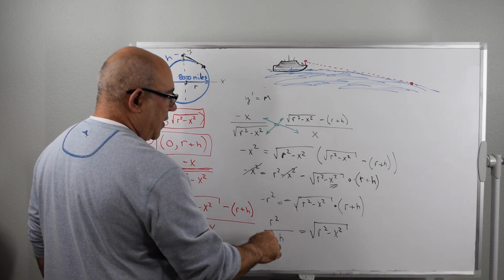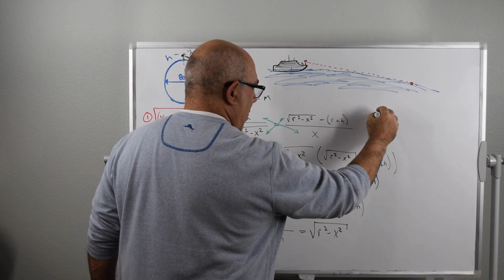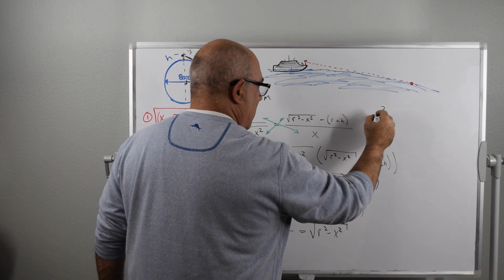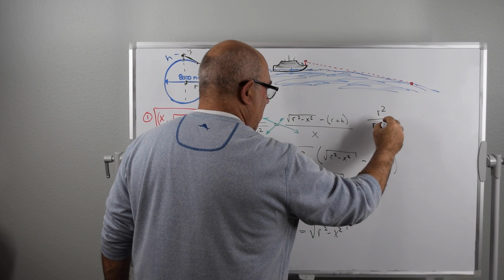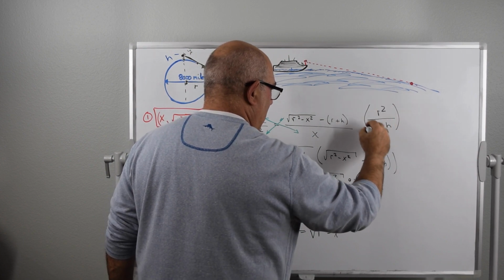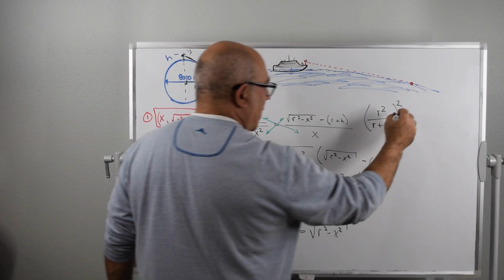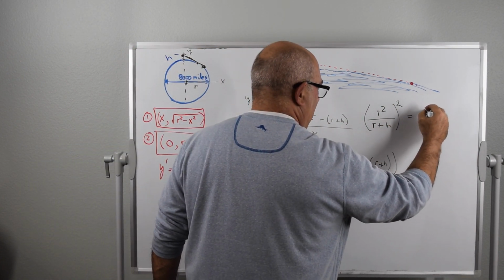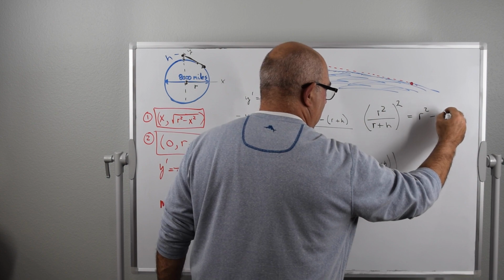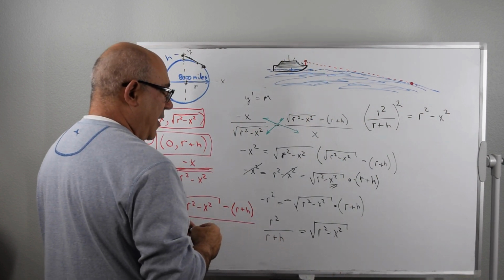So if we square both sides, I'm going to start up here. We're going to get r squared divided by r plus h, that whole thing squared, equals r squared minus x squared. All right, so we got that far.